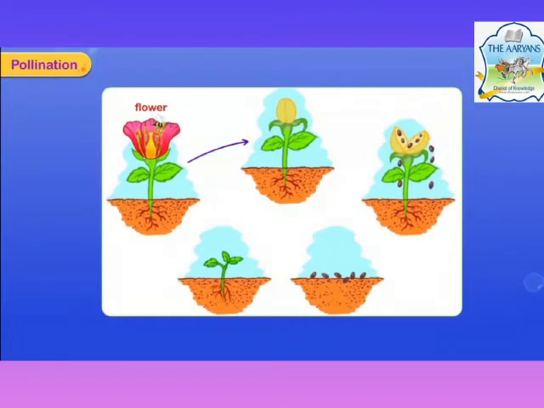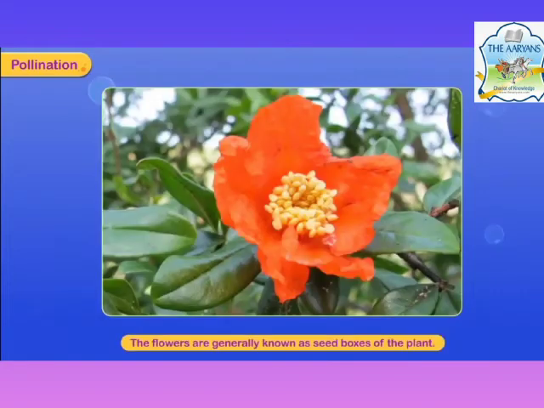Most flowers contain fruit inside them, and these fruits contain seeds, and these seeds get germinated. After germinating, they become a new plant. In this way, this life cycle goes on and on. Flowers are generally known as seed boxes of the plant.